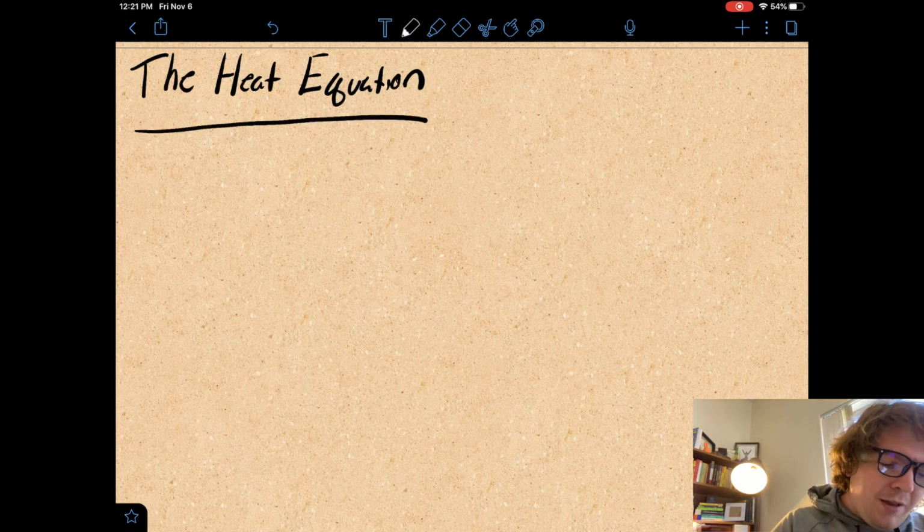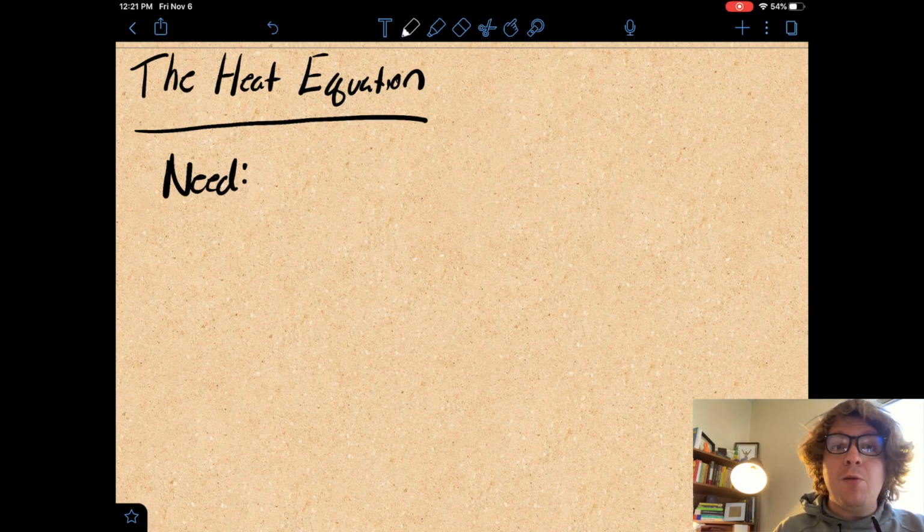So the one thing that we need is I need for you to be able to compute the Fourier sine coefficients.